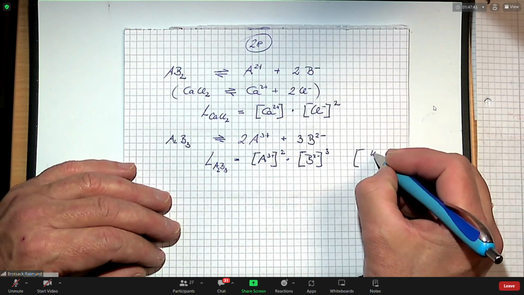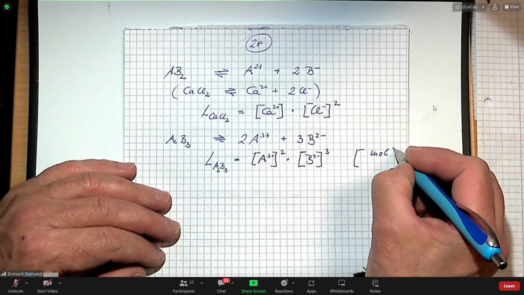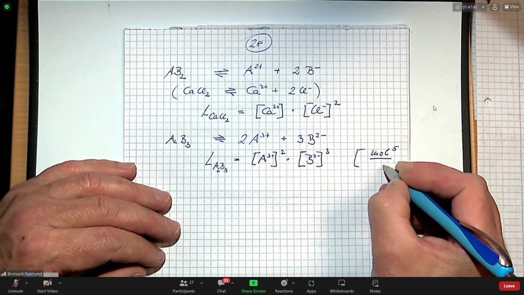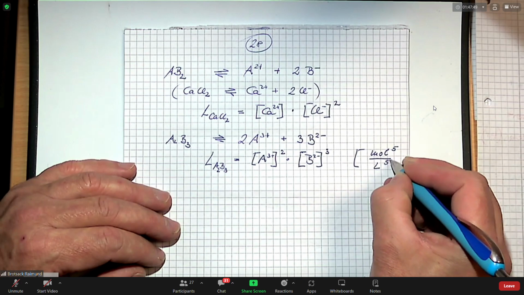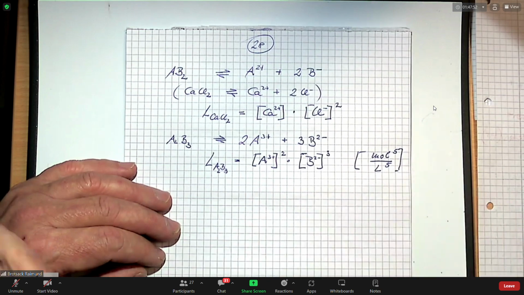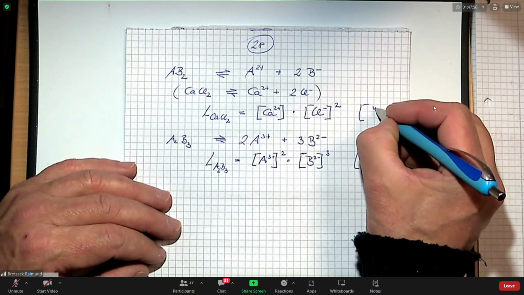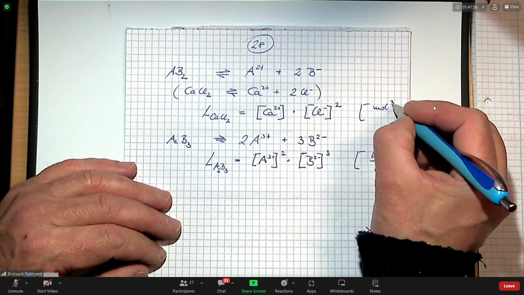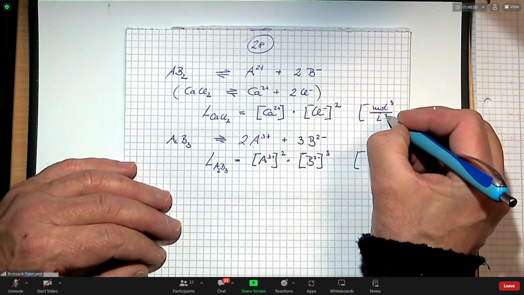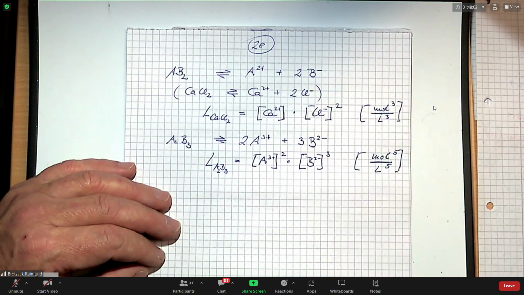The unit is now mole to the power of 5 over liter to the power of 5. Here the unit is mole to the power of 3 over liter to the power of 3.